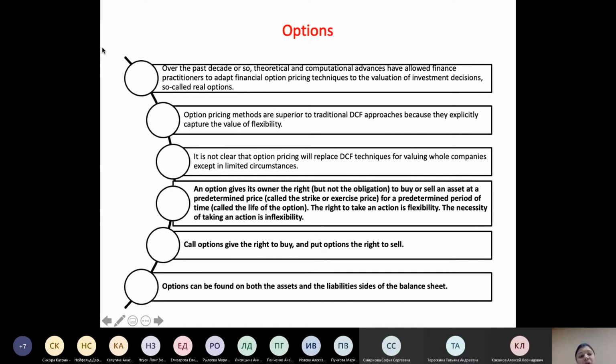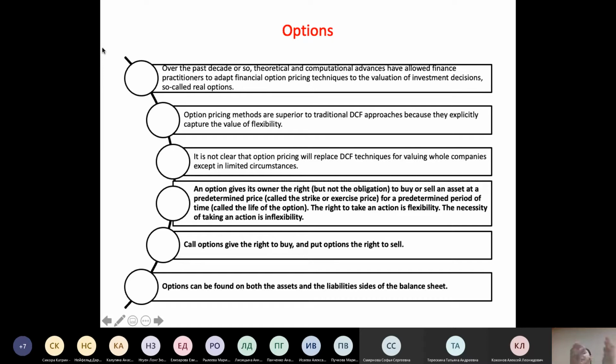To tell the truth, the option pricing method is an added method for our discounted cash flow approach, which was started in our asset valuation, and it's an additional element because this method explicitly captures the value of flexibility.